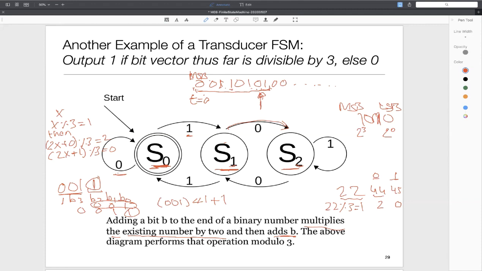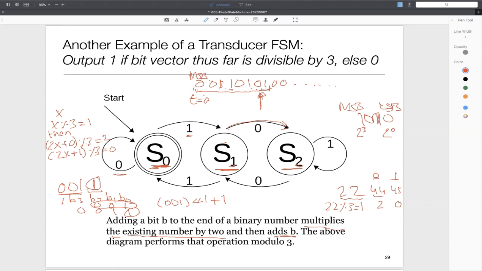Okay. And then finally, if I'm already in state S2, that means x modulo 3 is 2. So if I do a 2x of that, since the original modulo was 2, it would become 4, which is the same as 1.